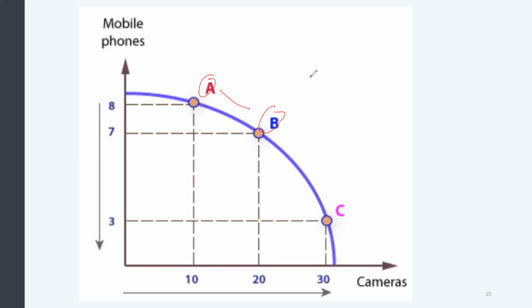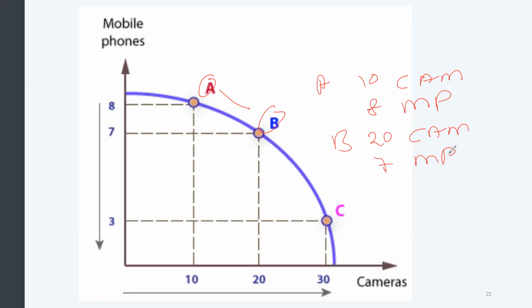So you can then say at point A, I had 10 cameras and 8 mobile phones. Then at point B, I now had 20 cameras and 7 mobile phones.